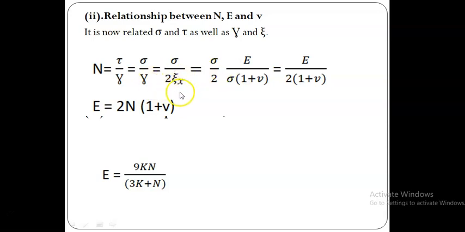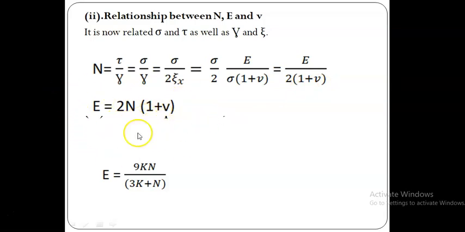Epsilon x is the linear strain, which is equal to sigma by E into 1 plus nu. Therefore, sigma by 2 into E divided by sigma into 1 plus nu, which is equal to E divided by 2 into 1 plus nu, and therefore E is equal to 2n into 1 plus nu.